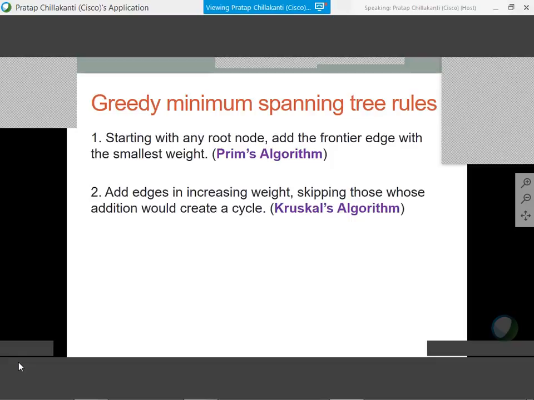So you have the forest, whereas in the case of Prim, there's only one tree. You're building the tree. Whereas in Kruskal, you're starting with a forest, meaning every vertex is a tree by itself. A forest has multiple trees. Then you start adding edges. That's the difference between Prim and Kruskal, right?